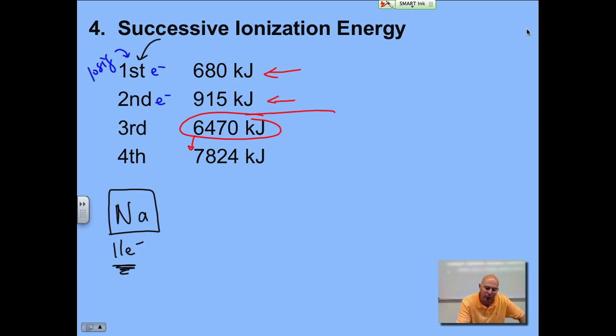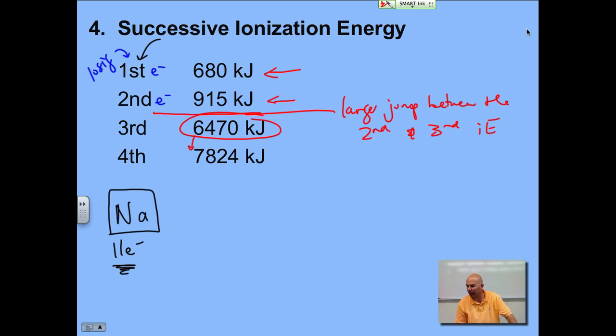So what we have is a large jump between the second and third ionization energies.